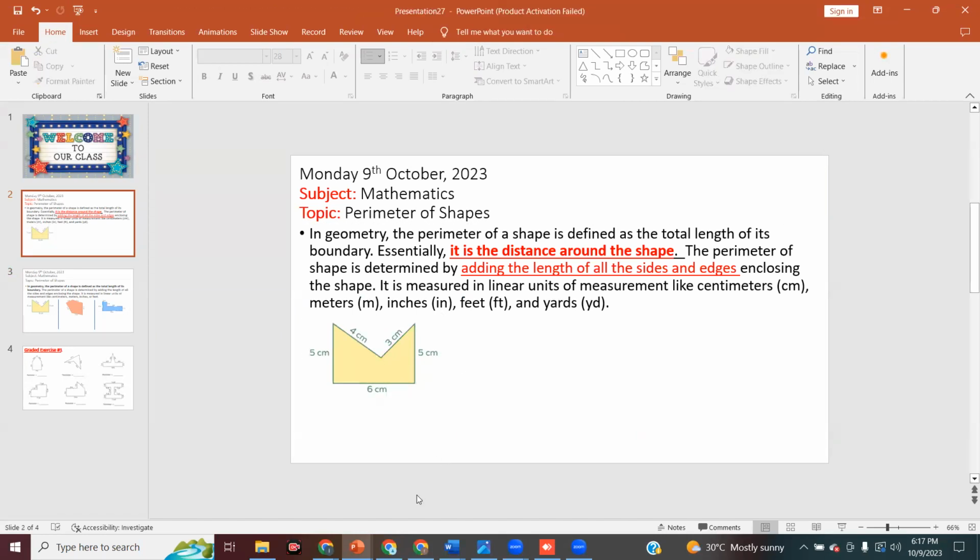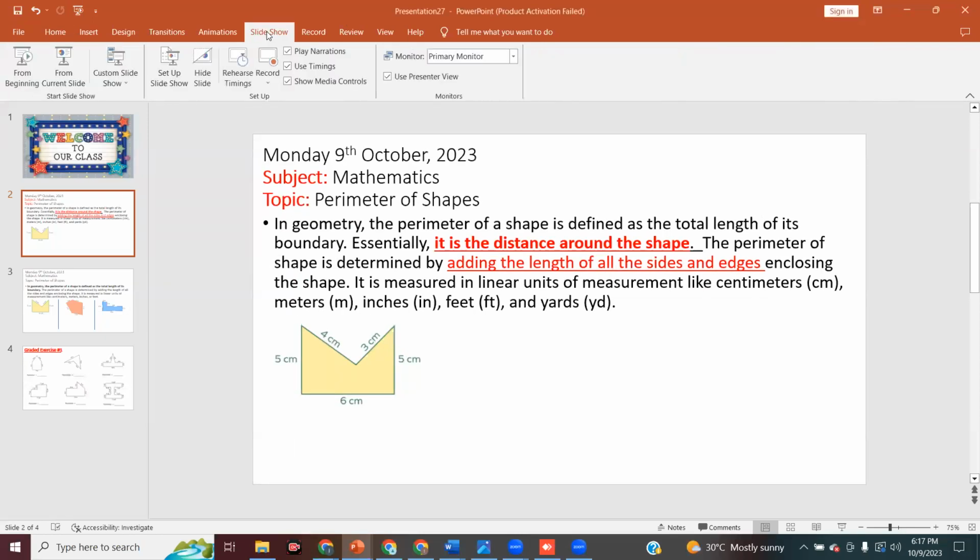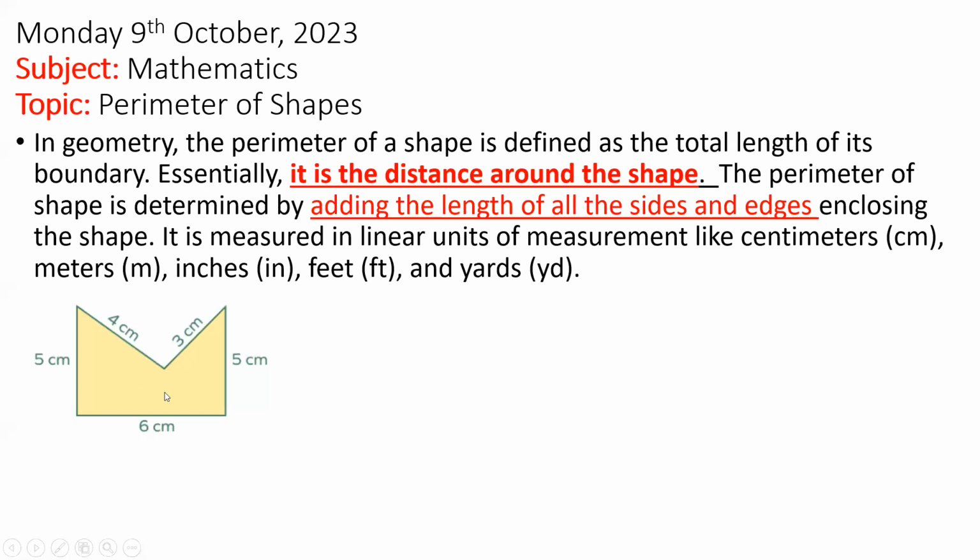Once you find the perimeter, put your answer inside the chat, please. Again, find the perimeter of the shape and then put your answer inside the chat for me.